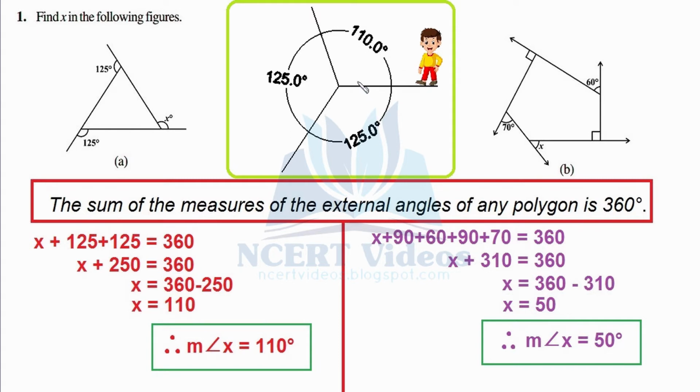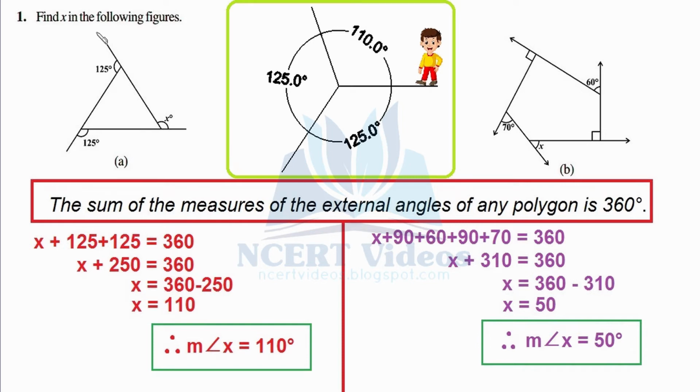And you know very well that a complete rotation from the starting point to the ending point, where the ending point is the same as the starting point, makes a complete 360 degrees. So this is the reason that the sum of the measures of the external angles of any polygon is 360 degrees.